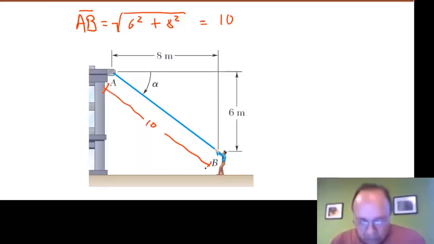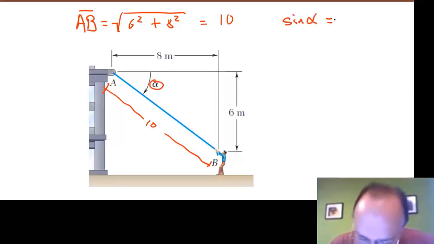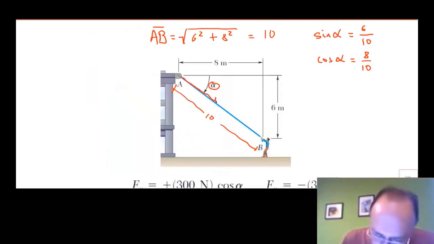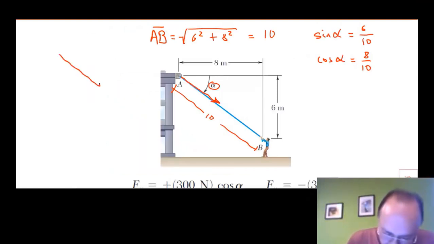So we know that for the angle alpha here, sine of alpha is equal to 6 over 10, and cosine of alpha is equal to 8 over 10. So we can use that. We don't need to find the angle. We can go directly, again, with the force of 300 newtons, and we have the x component Fx and the y component Fy.